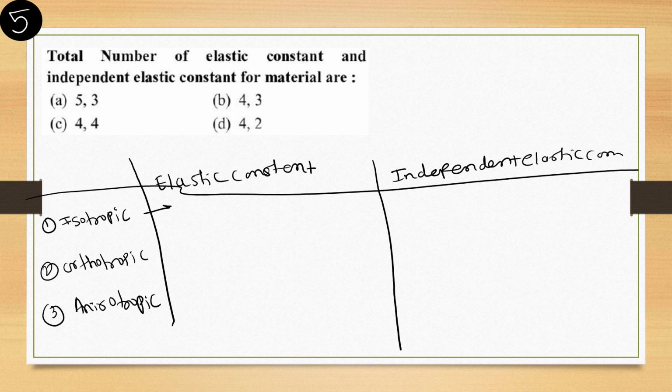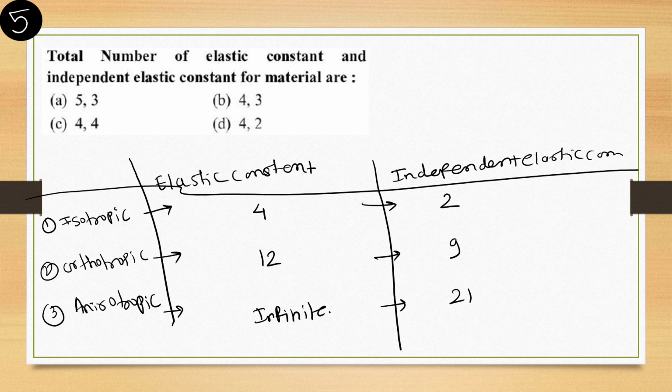For isotropic, orthotropic and anisotropic, the independent elastic constants are 2, 9 and 21. In case of elastic constants, the total elastic constants are 4, 12 and infinite. This is the important table.